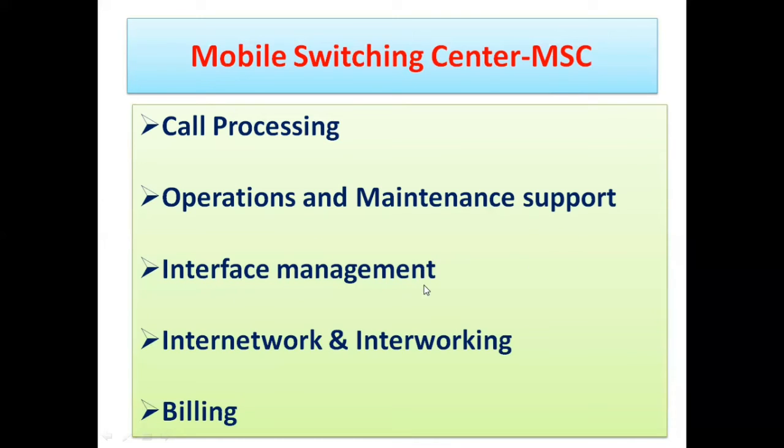Then interface management, since it has connectivity to HLR, VLR, EIR and authentication center, as well as gateway MSC and BSC. That interface management is also done by the MSC. Then internetworking and interworking. As we have seen in the architecture, our mobile network is required to get connected to other networks like the PSTN, that is the landline network, as well as data networks.